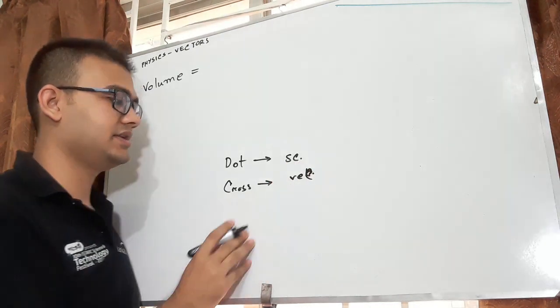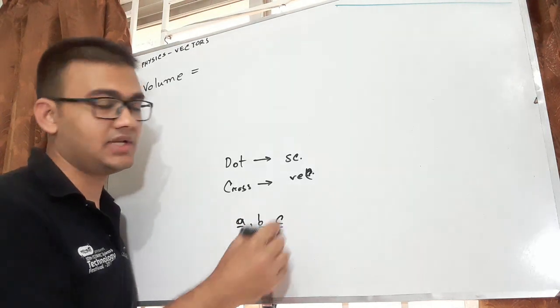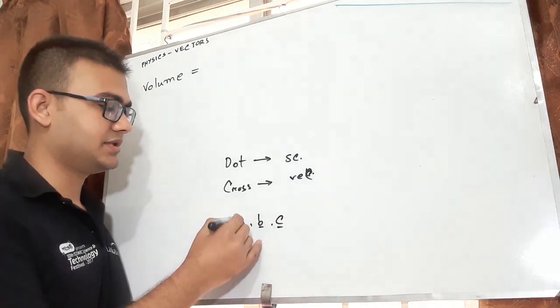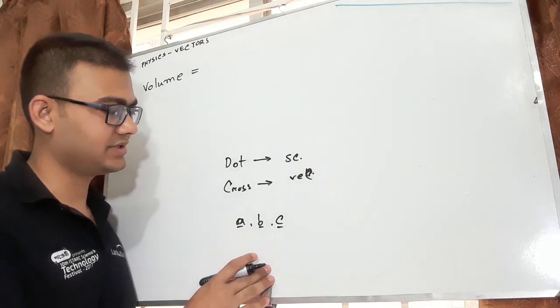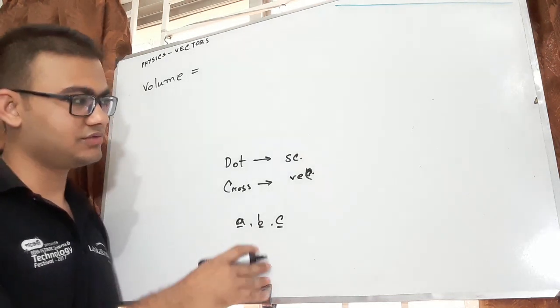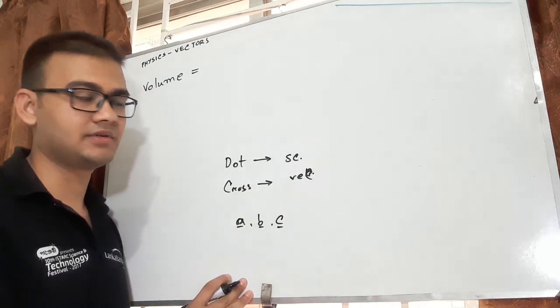Now suppose A, B and C are three lines, three vectors. What I was trying to do is measure the volume, and I need a scalar quantity, so I have to use two operations together and get a single scalar quantity.